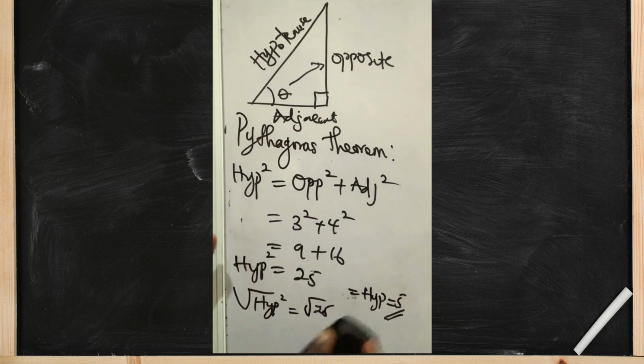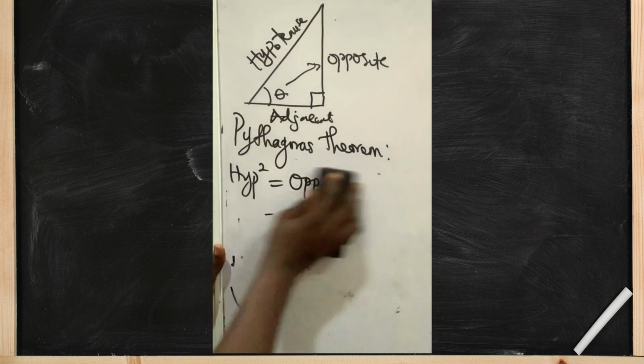Now, in order to move forward on trigonometry, there is something also called SOHCAHTOA.